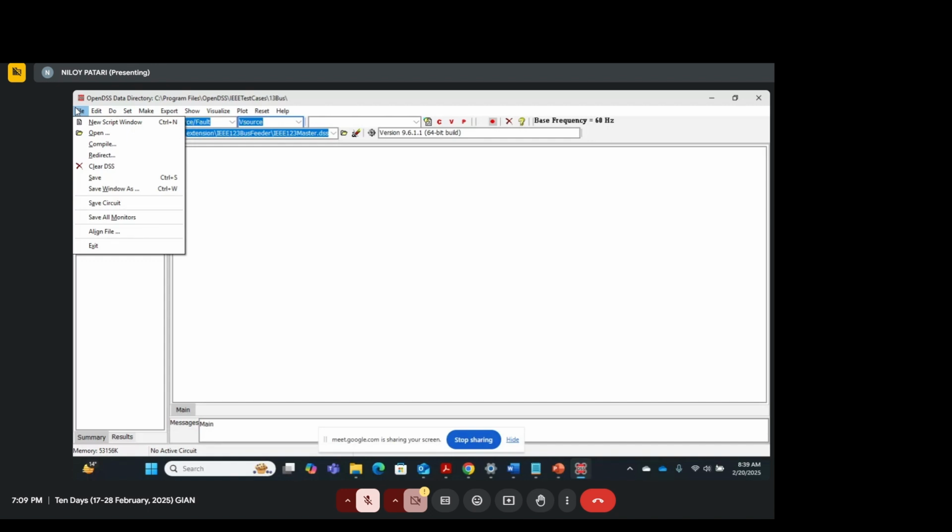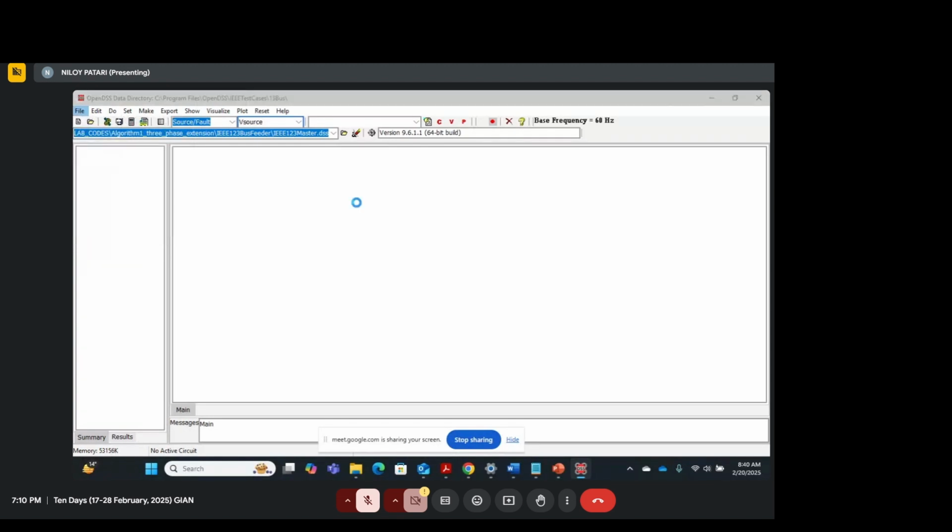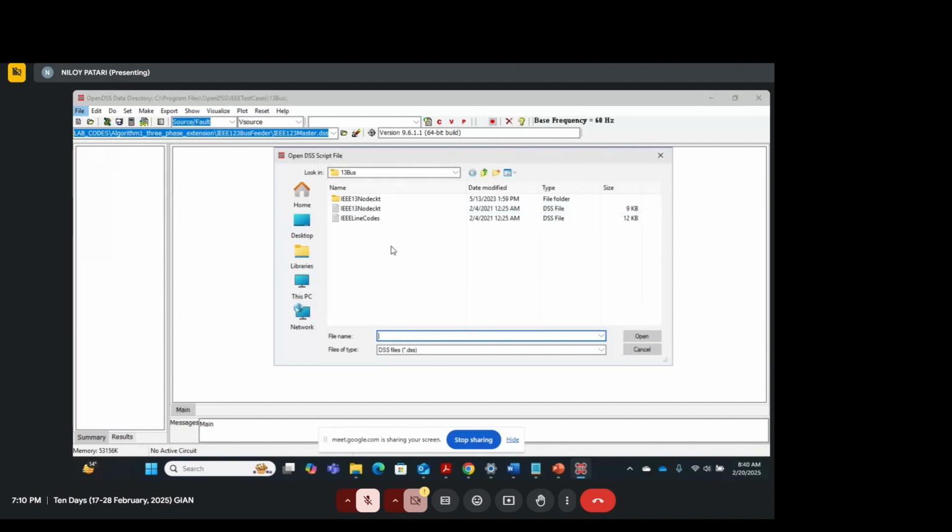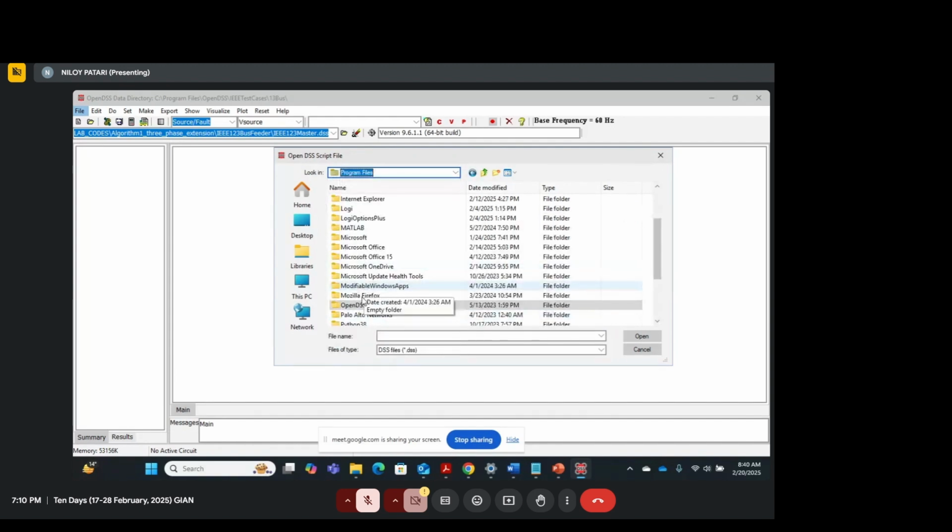Whenever you download OpenDSS, it will be saved in a particular folder, generally in C Program Files. If you go into C Program Files, you can find OpenDSS here.